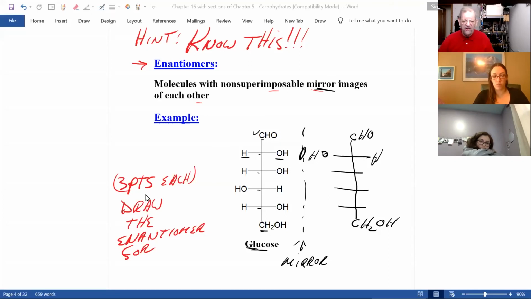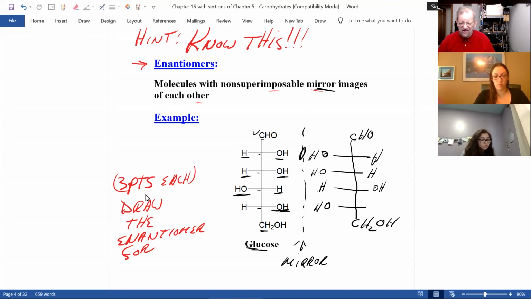Next carbon. What's closest to the mirror? Hydroxyl group. What's farthest away? Hydrogen. Next carbon. What's closest to the mirror? Hydrogen. What's farthest away? Hydroxyl group. And the last carbon that I haven't done, what's closest to the mirror?